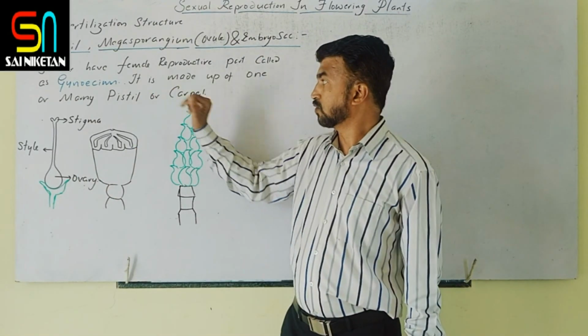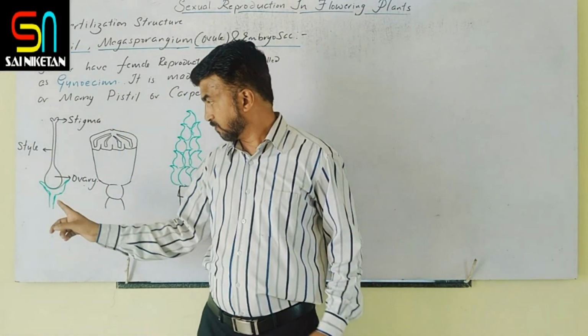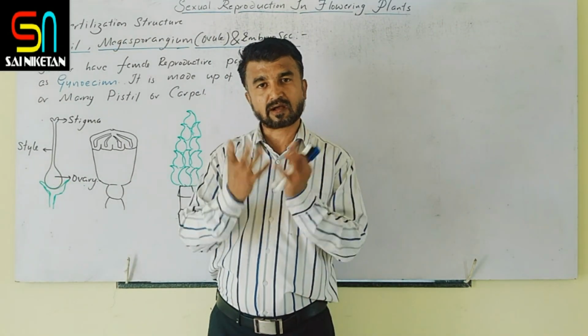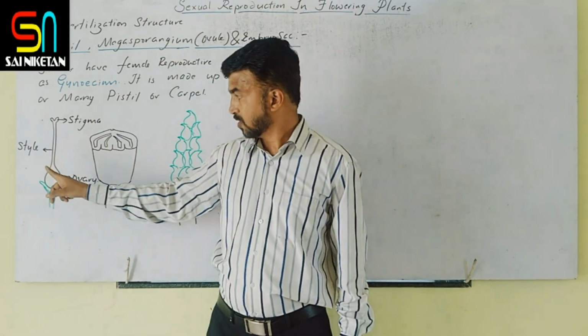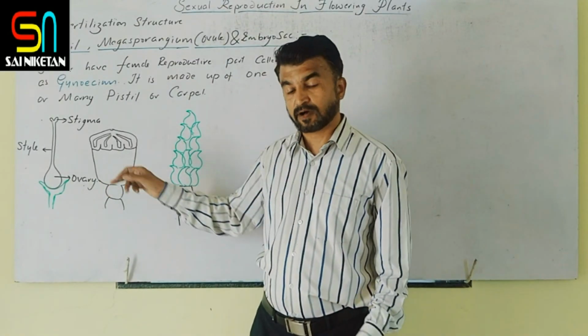If the gynoecium is made up of more than one pistil and they are joined together, then that gynoecium is called syncarpous. All carpels are fused and appear as one structure. So this is also syncarpous.